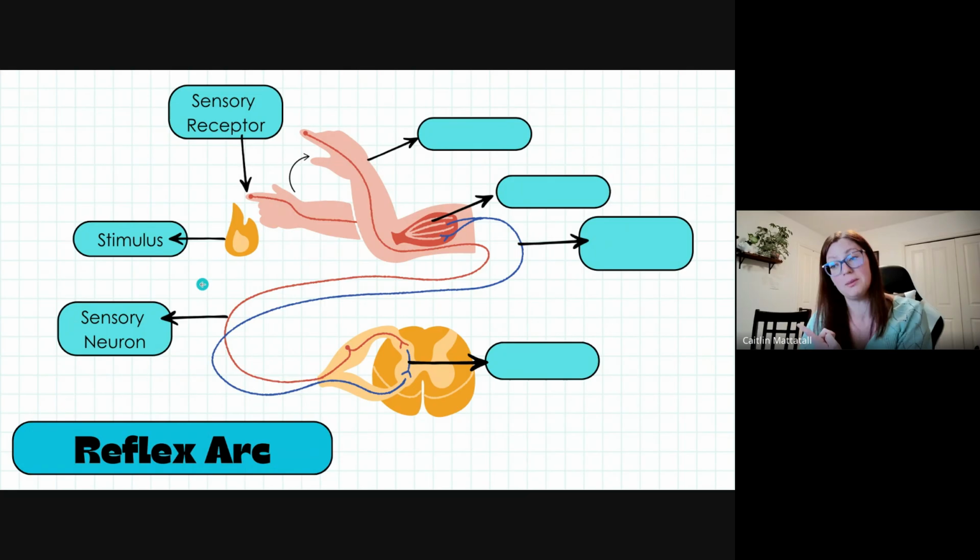We should probably move. The sensory neuron is going to send the information to the interneuron, which is found in the spinal cord. That's just this little tiny one right here.